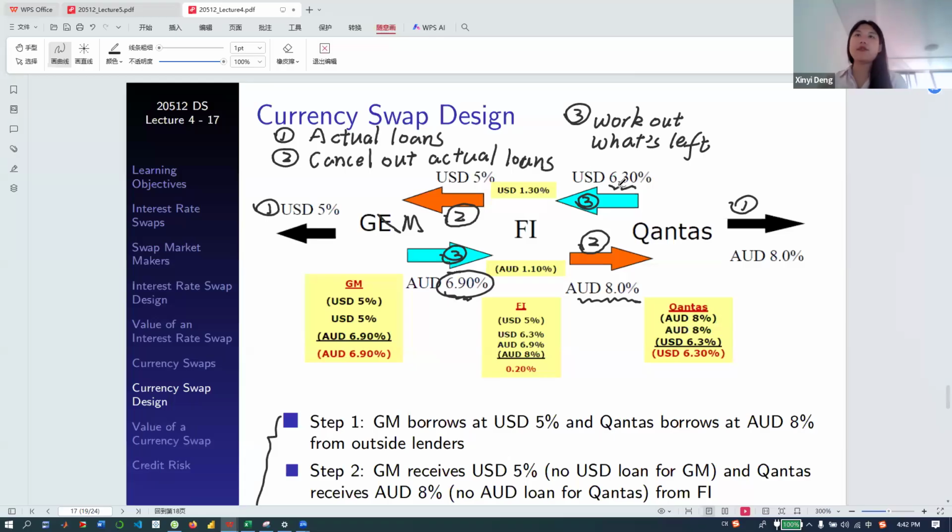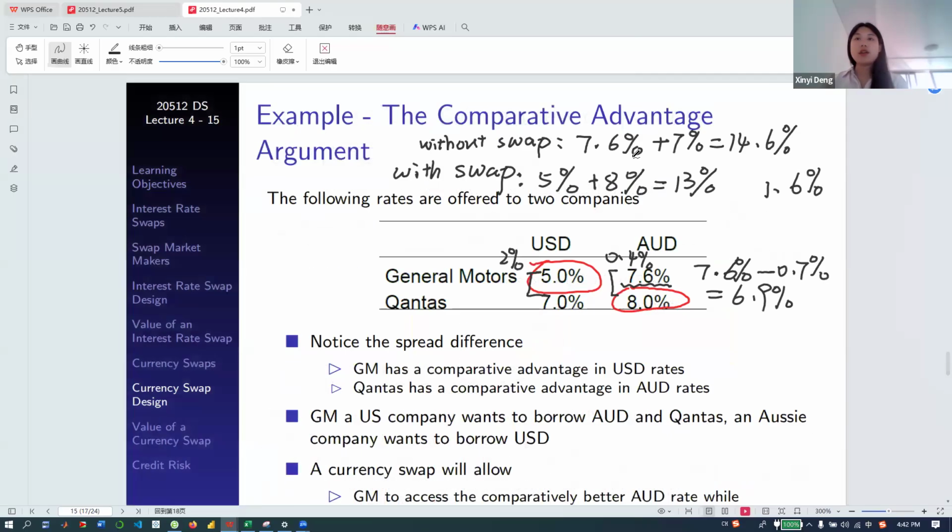And also we can see that for the USD, the rate we wrote here is 6.3%. And to get that, again, we use the same way. So for Qantas, if without the swap it directly wants to borrow the USD, the rate is going to be 7%, and the swap is going to make its cost lower by 0.7%.